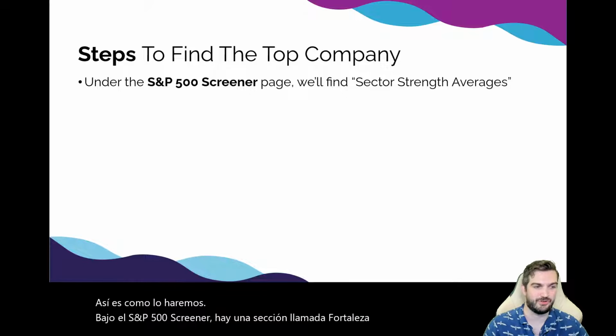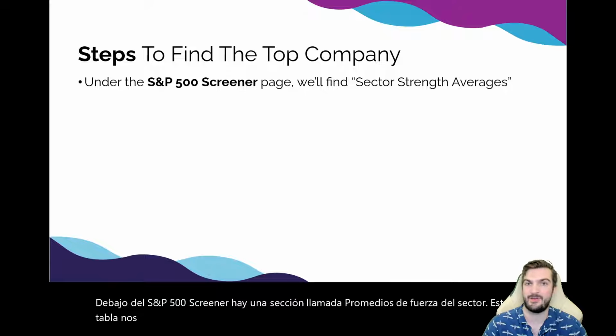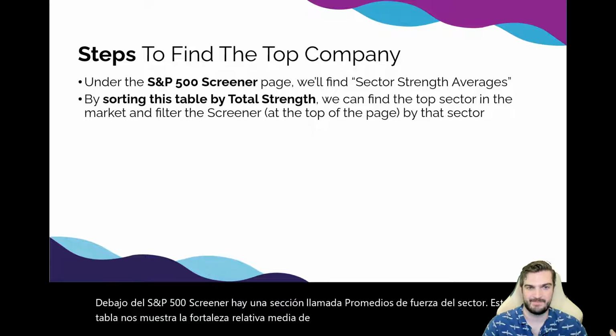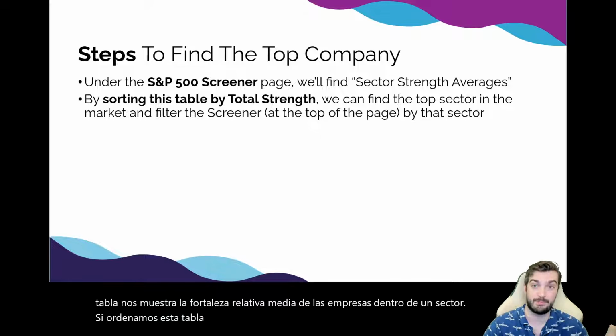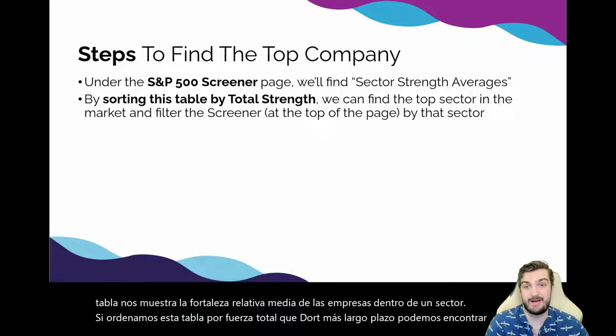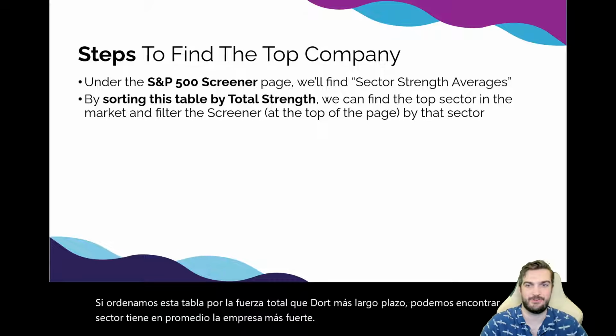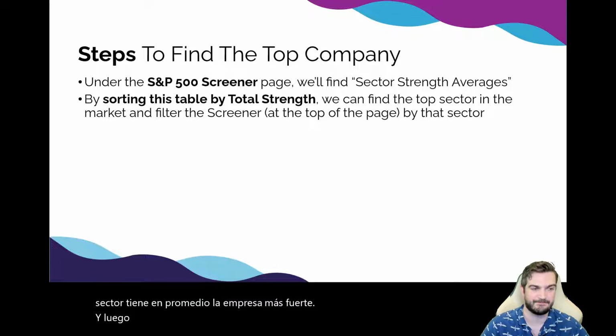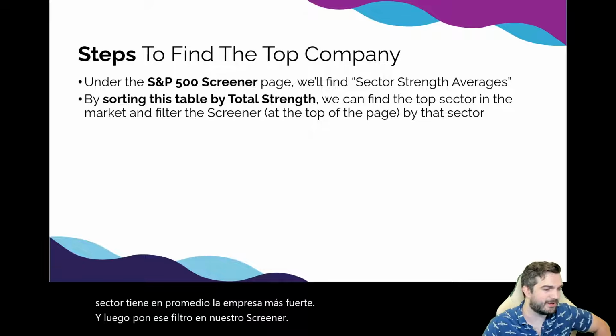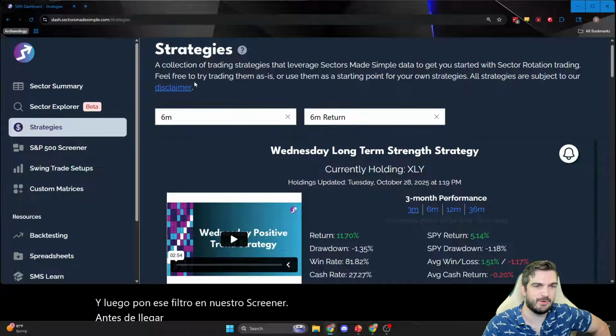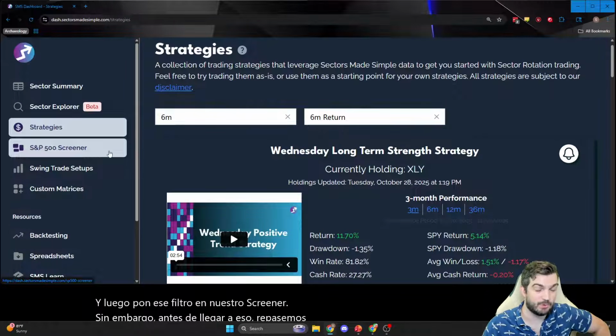This table shows us the average relative strength of companies within a sector. If we sort this table by total strength, that short plus long term, we can find what sector has, on average, the strongest companies, and then put that filter into our screener. Before we get to that, though, let's actually go through and do that step.